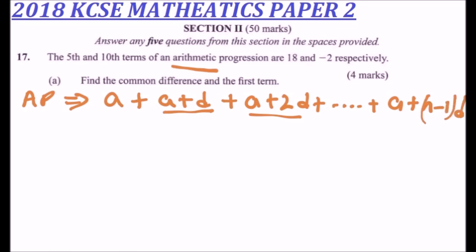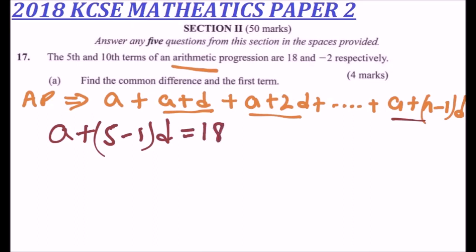So if we are told that the fifth term is 18, the fifth term using this nth term will be a plus, because it is the fifth term, 5 minus 1 into bracket the common difference, which is d, is equal to 18.